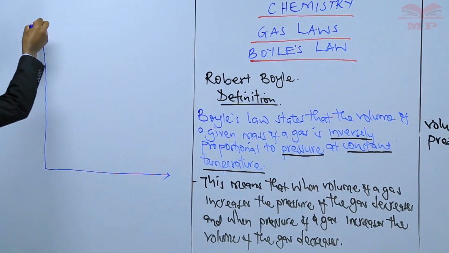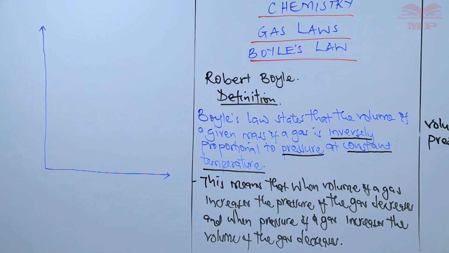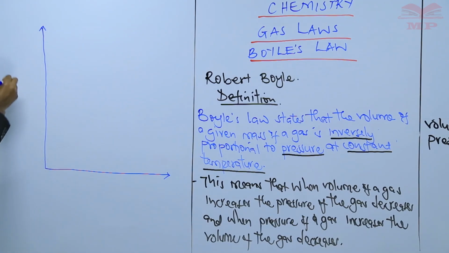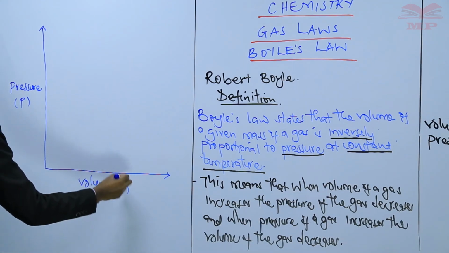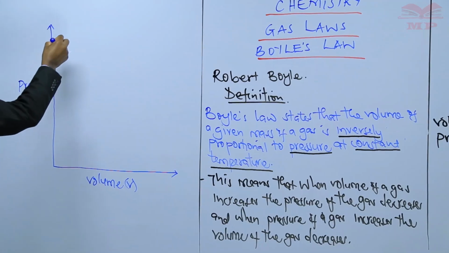So this is our y-axis and the x-axis. This is a graph of pressure against volume. When you're drawing a graph of pressure against volume, pressure should be on the y-axis. So we have pressure P, and volume V. Now to demonstrate Boyle's law, the curve will look like this.